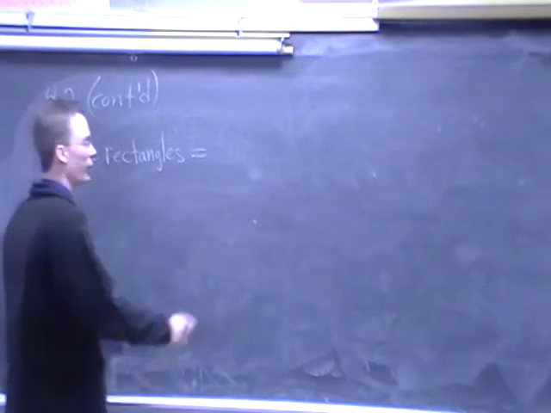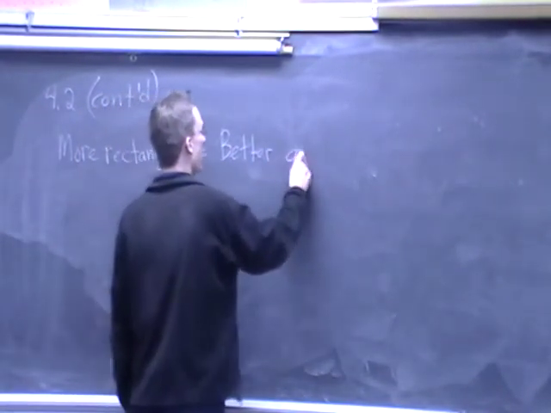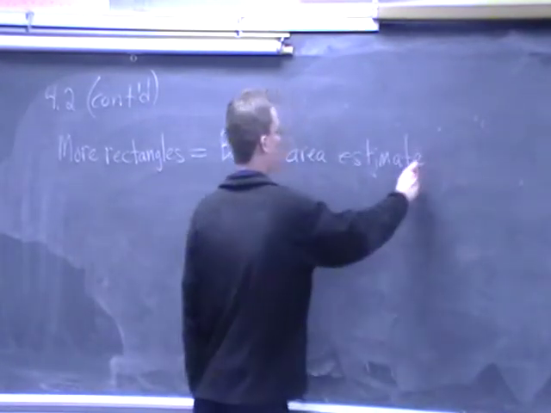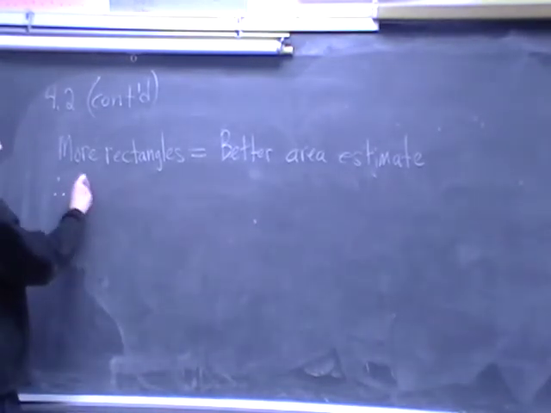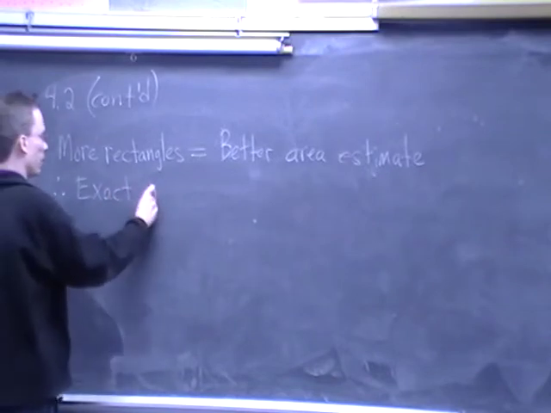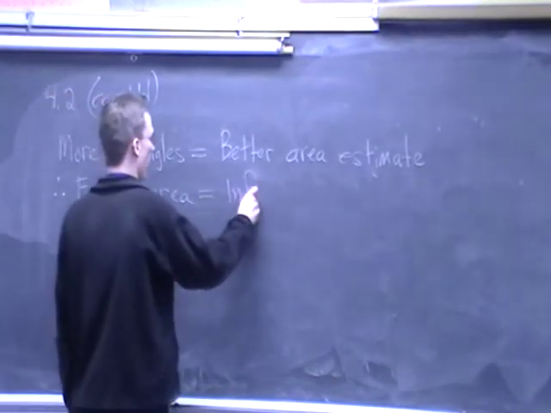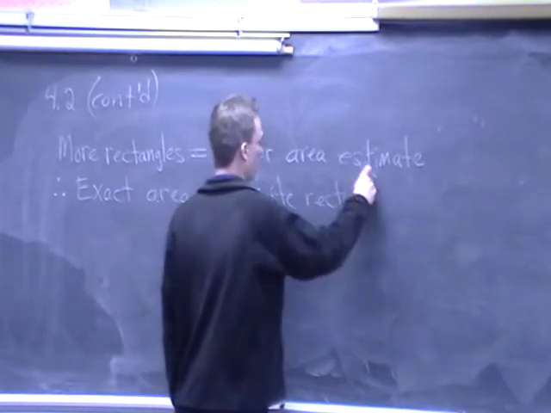More rectangles equals better area estimate. Therefore, an exact area comes from infinite rectangles.